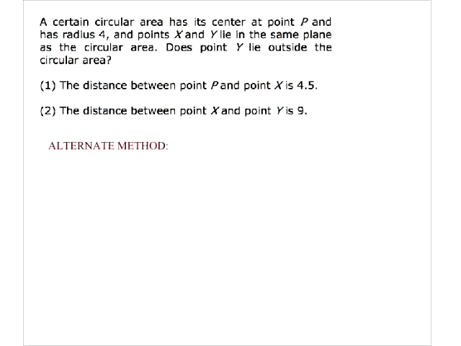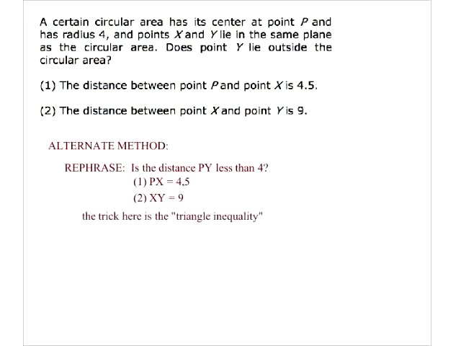What you can do is rephrase: is the distance between P and Y less than 4? And a couple of you said that earlier, so that's good. Statement 1, PX equals 4.5, and statement 2, XY is 9. The trick here is what's called the triangle inequality.